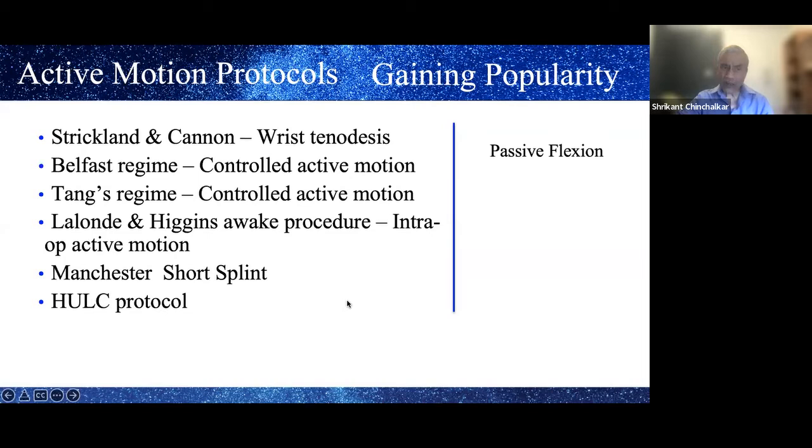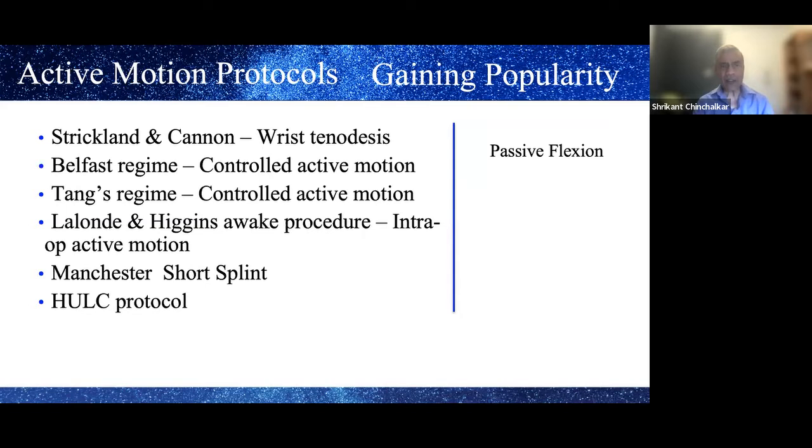But truly, if we pay attention to the true active motion protocol that was introduced by Dr. Small from Belfast, who performed controlled active motion of fingers following tendon repairs. However, the Belfast regime didn't gain popularity back then because the failure or rupture rate ranged between 10 to 12%.